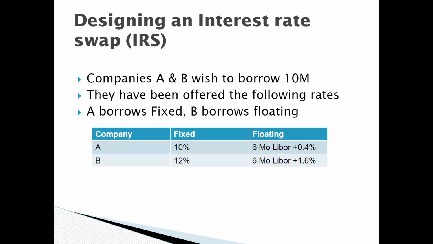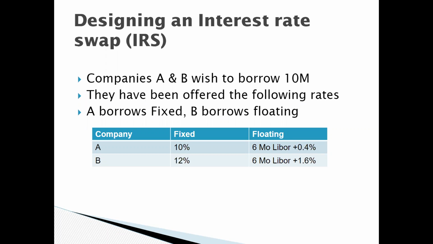Now, what happens if the swap is the other way? B borrowing in fixed and A borrowing in floating. So in this case, B will try to reduce its 12% rate and A will try to reduce its 6-month LIBOR plus 0.4.